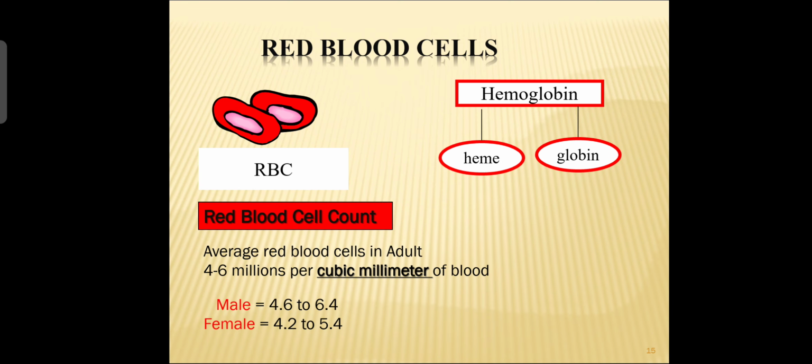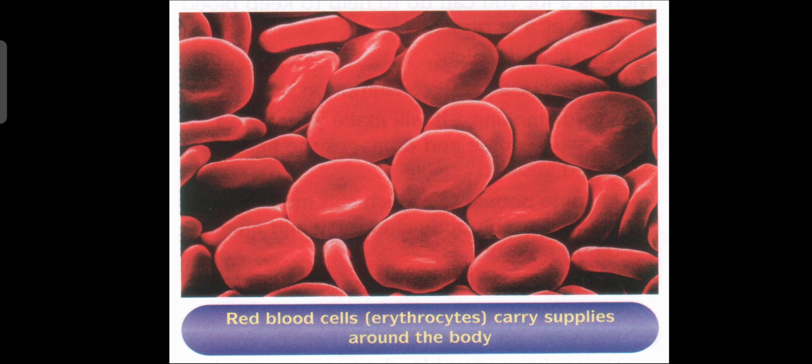Female 4.2 to 5.4 million per cubic mm of blood. When we see under the microscope, the RBC look like this, and it supplies oxygen around the body.